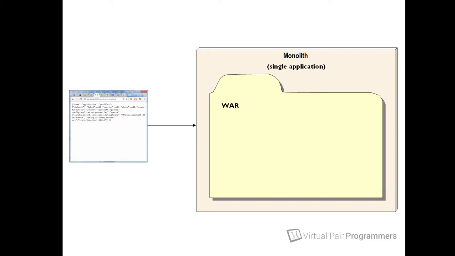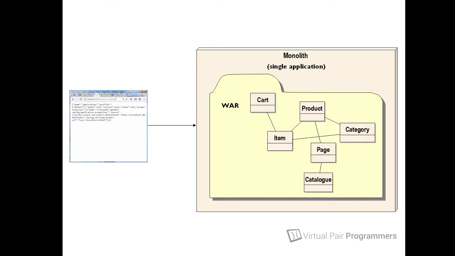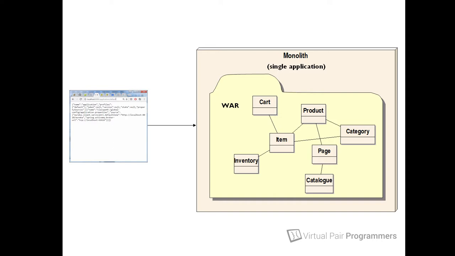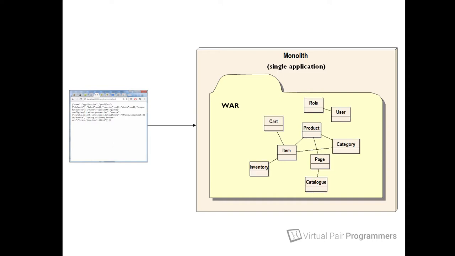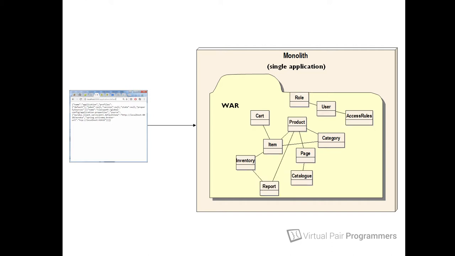I'll go for an easy example. If this was a shopping site, then inside that WAR file, you would typically find code for things like shopping cart management, catalog management, sales, inventory management, authentication. We'd have some kind of back-end administration. We might have a reporting facility.